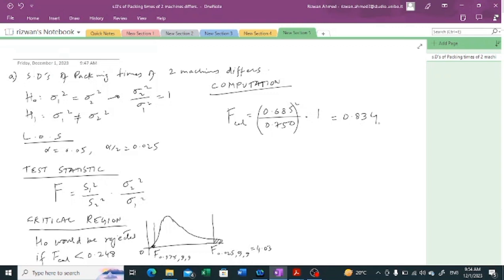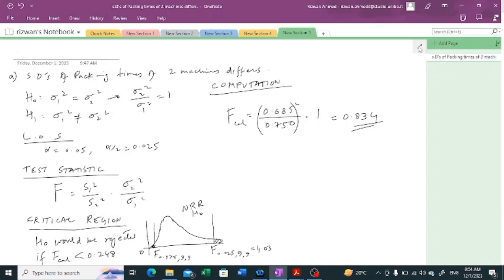Now consider this value, the calculated value of F, where it is falling. It is falling between 0.248 and 4.03. In fact, it is falling in the non-rejection region.